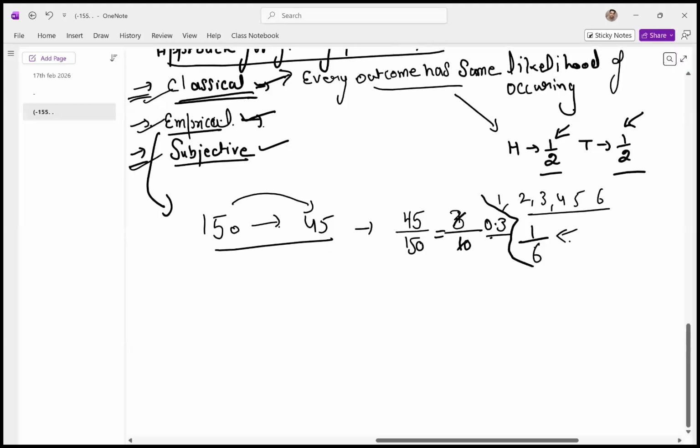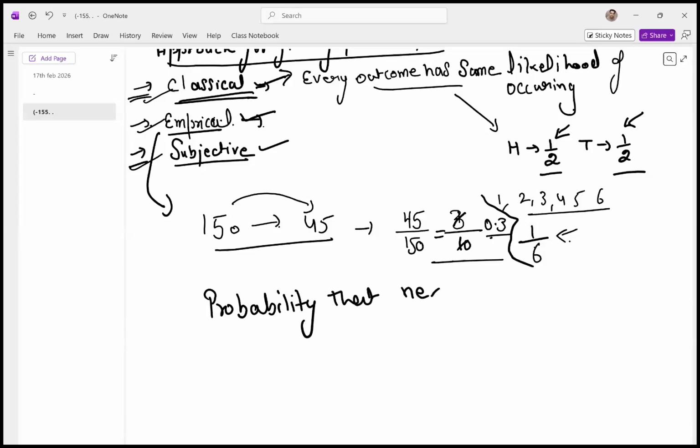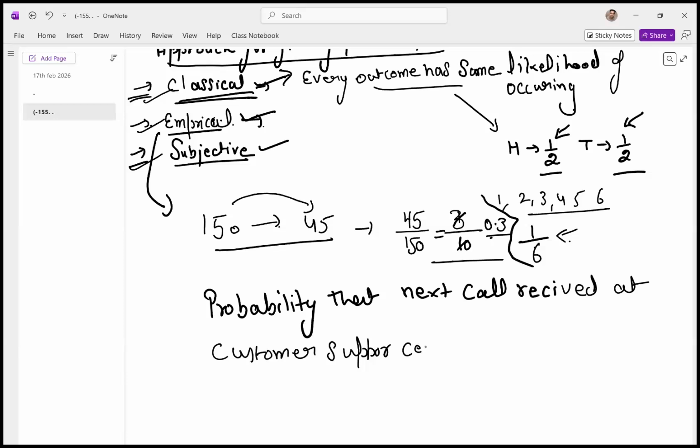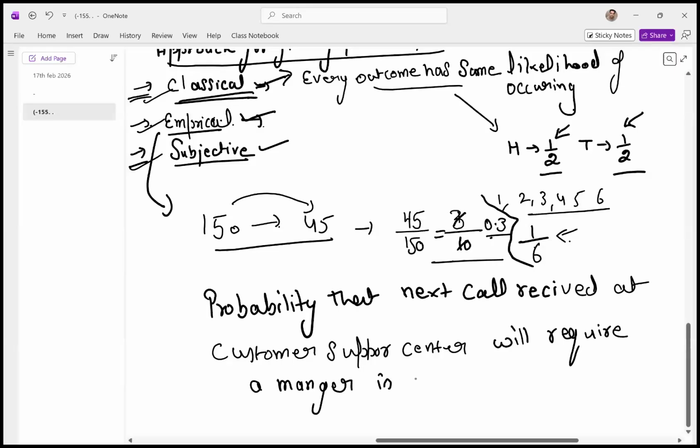So now, based on this data, I can say that the probability that the next call received at the customer service or customer support center will require a manager is 30% or 0.3.